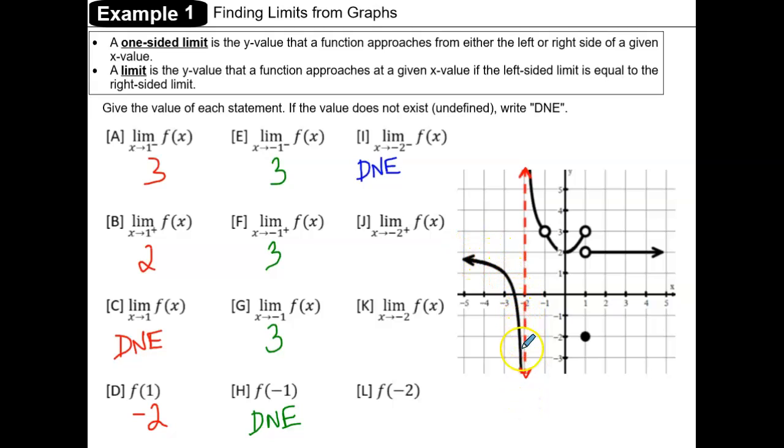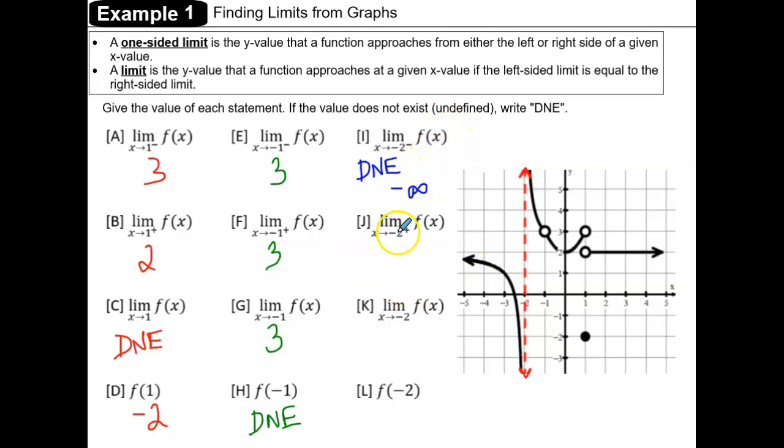It's getting closer and closer, but it's always headed down to -infinity. So you'll often see people write that the limit as x approaches -2 from the left is equal to -infinity. That doesn't mean that the limit exists at -infinity, because how are you going to ever reach -infinity? You can't. But it's a direction of movement that is suggesting the behavior of the graph that could be useful to us. So it's fine to write that the limit as x approaches -2 from the left is -infinity.